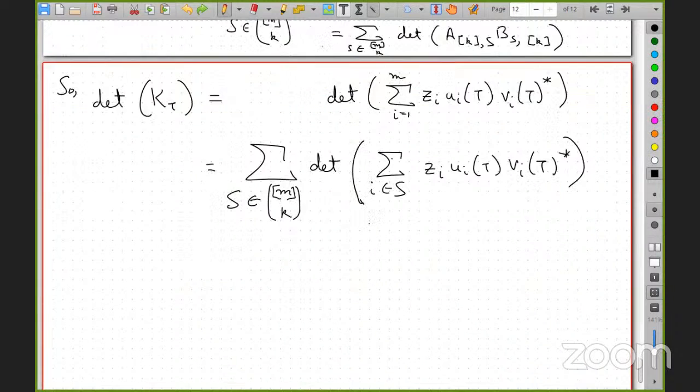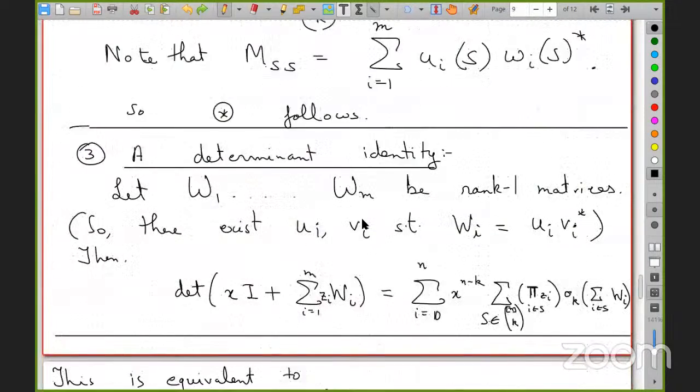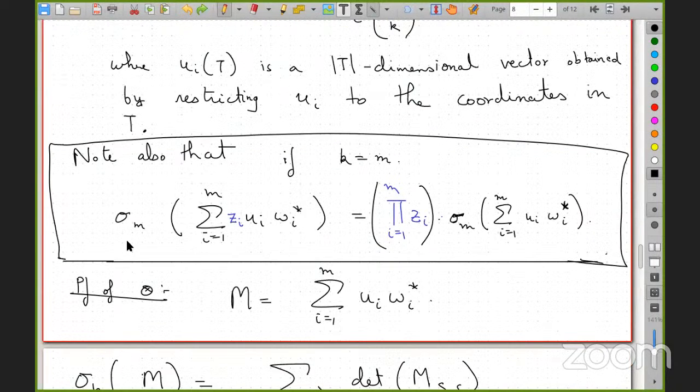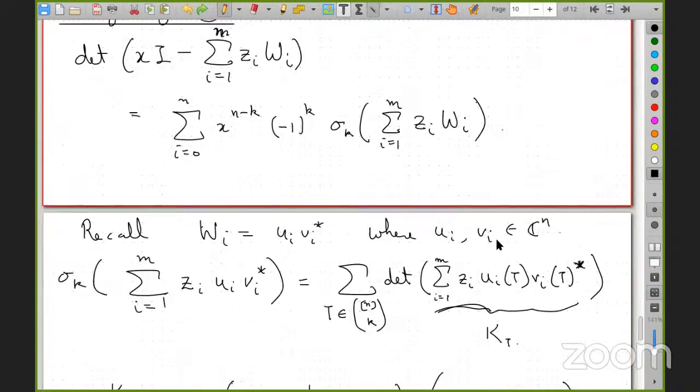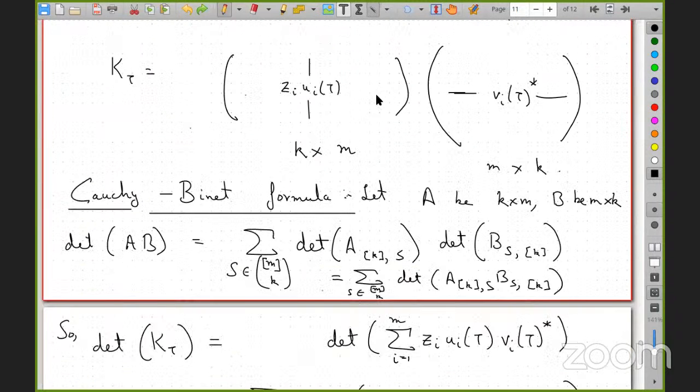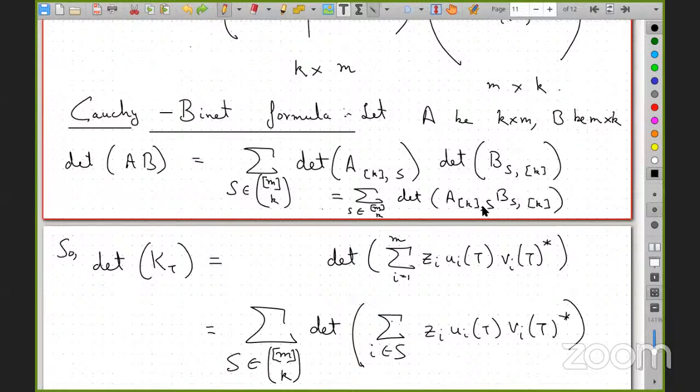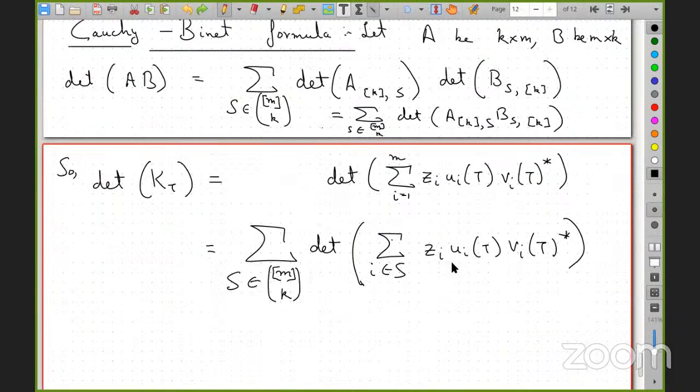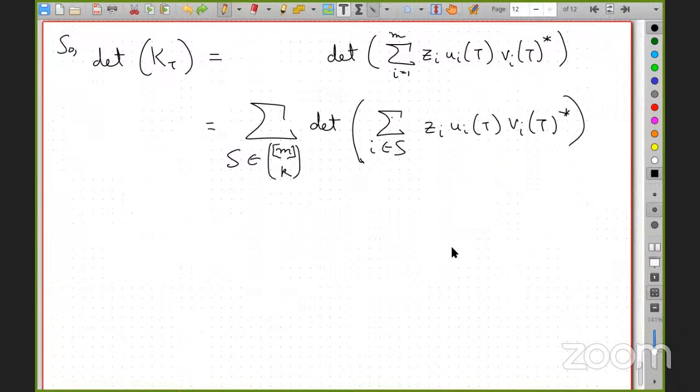Right, and now notice that there is something interesting. In this setup, this observation that we made about the minor, the point is that this matrix we are looking at consists of k cross k matrices. So let's look at this matrix.